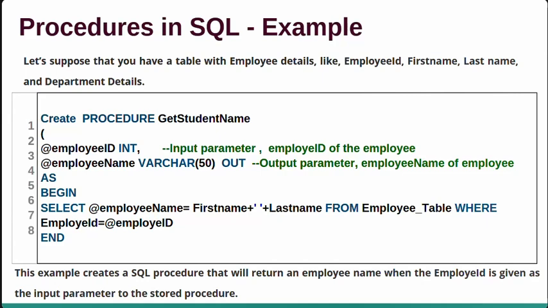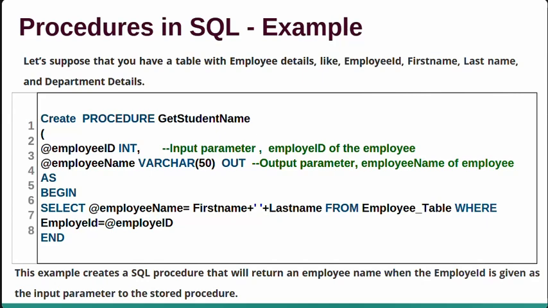Employee ID is an integer variable, that is an input parameter, whereas employee name, a character variable, will be an output parameter.